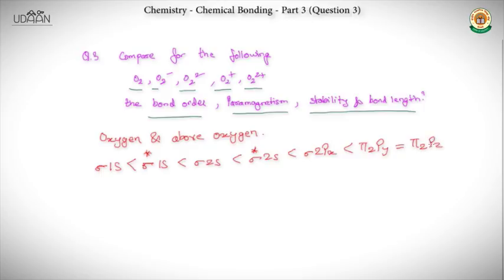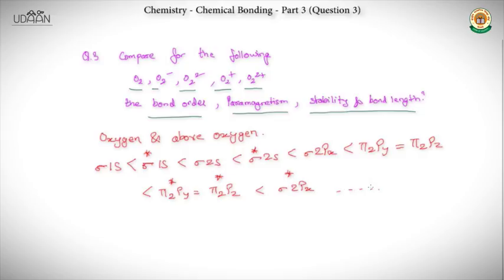This equal to is very important and we'll come back to it soon. Then pi 2py star equal to pi 2pz star, and then eventually sigma 2px star, and so on.